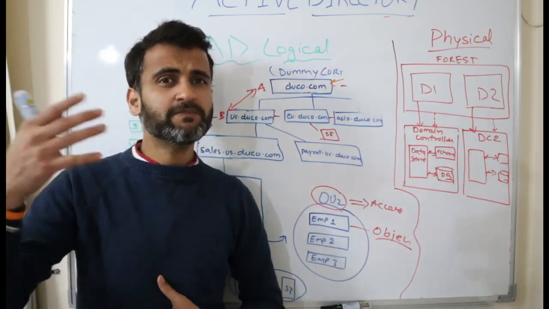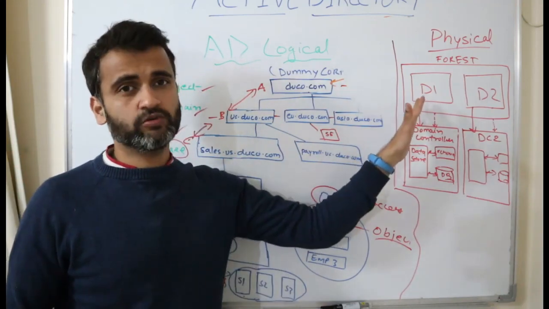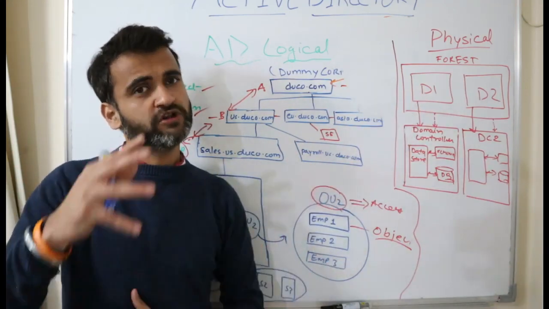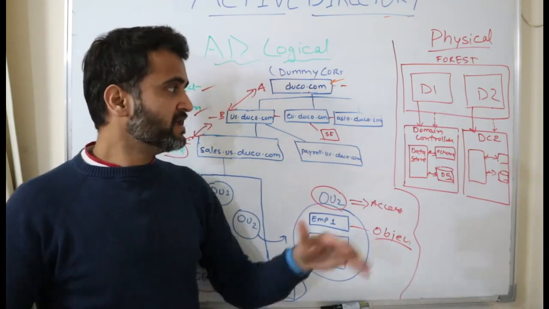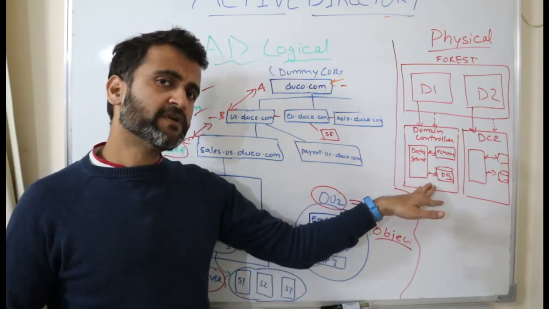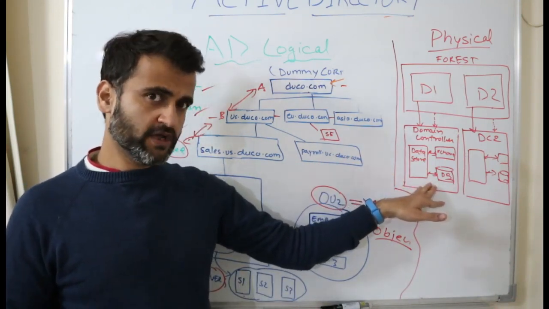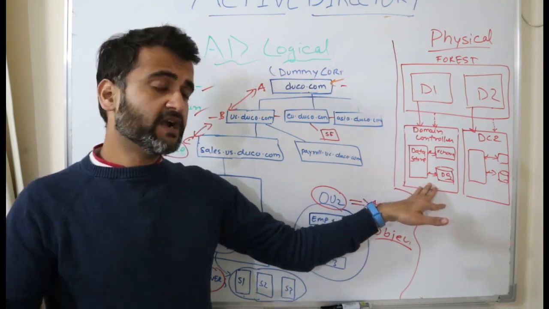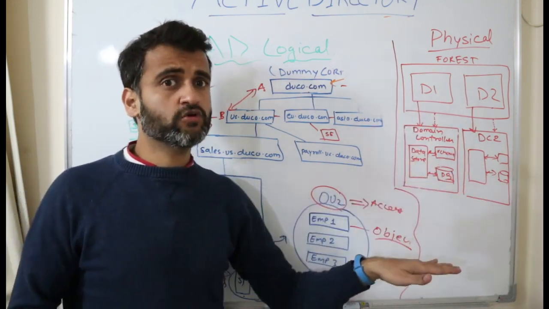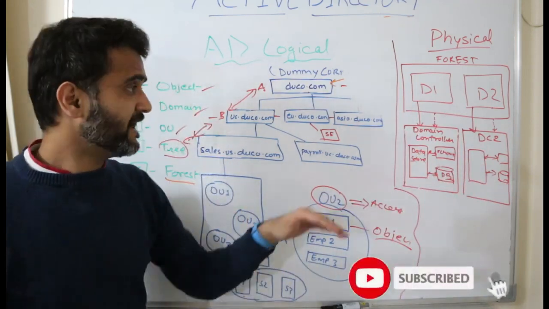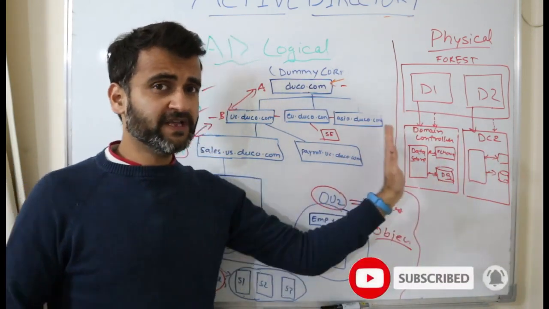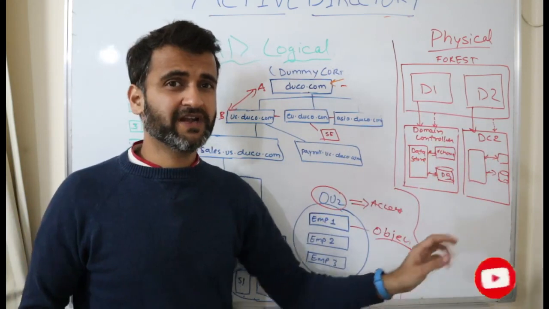Now you can have multiple domain controllers to manage a single domain. It all depends on how you design. And it could also happen that if the employee is not present in this particular domain controller, it might search other domain controllers also, because all this data is replicated seamlessly across different domain controllers.